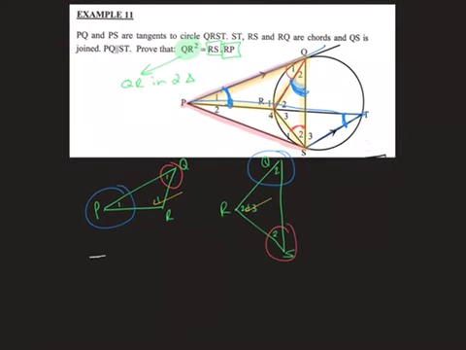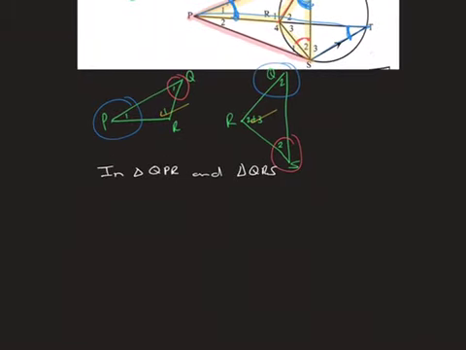So in triangle QPR and triangle QRS, that's the first triangle that I'm working with. So Q1 is going to equal S2 because of tan chord theorem.